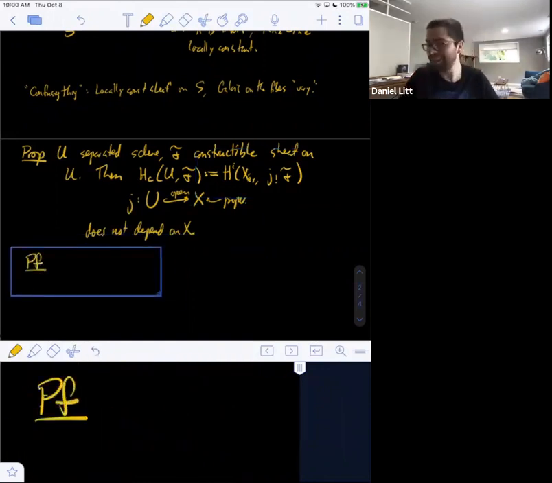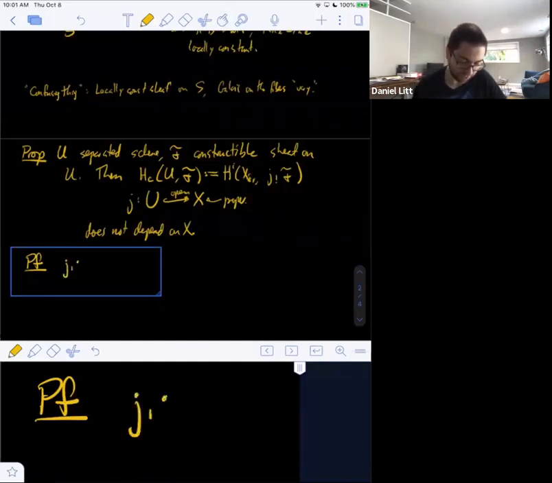So, does anyone have any ideas? I think this is one that we can do together. It's not so hard to deduce it from proper base change. How would you get started? We want to prove it's independent of X, which means we need to choose two compactifications.